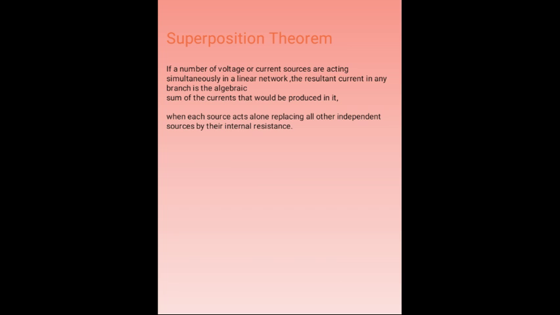These steps are applicable for each source, and in the final stage the total or net current in the branch is the algebraic sum of all the currents obtained in each step. Each source acts alone, replacing all other independent sources by their internal resistance.